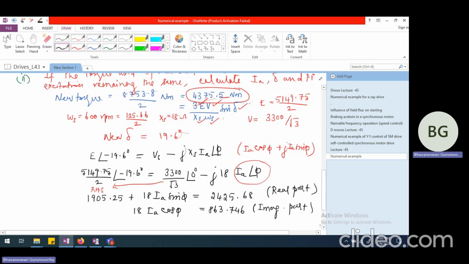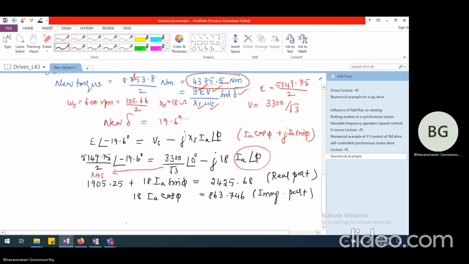Using these two portions, we can calculate Ia. Ia happens to be 56.02 ampere and cos phi happens to be 0.8565.